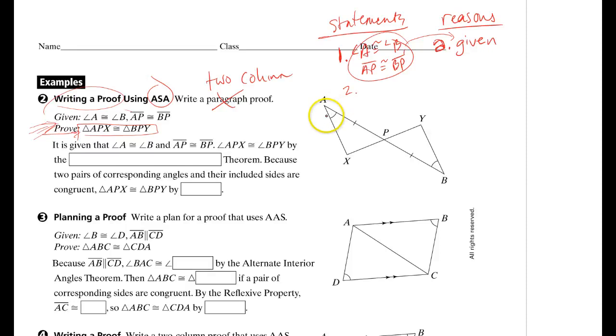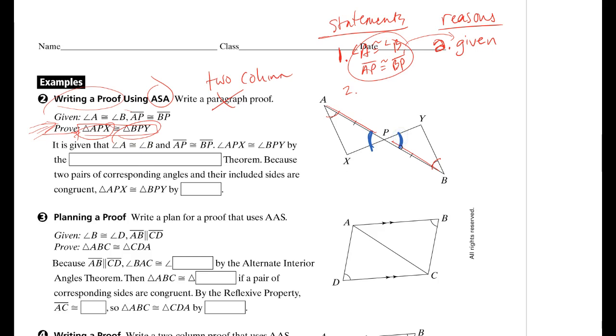I already see an angle matched up with an angle and a side matching up with another side. Now there's only one other angle that I need here before I've got the two triangles congruent. What is it? Yeah, it's right there. It's this angle congruent to this angle.